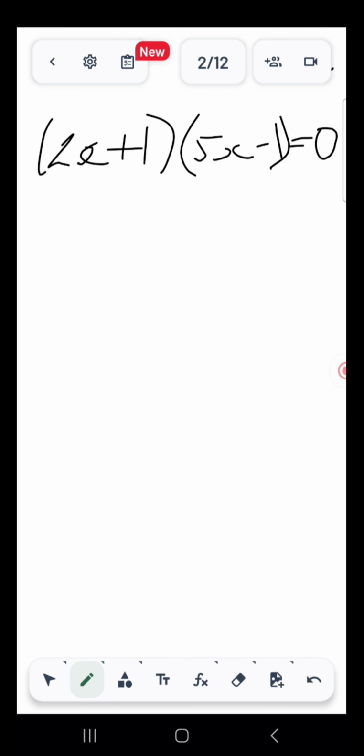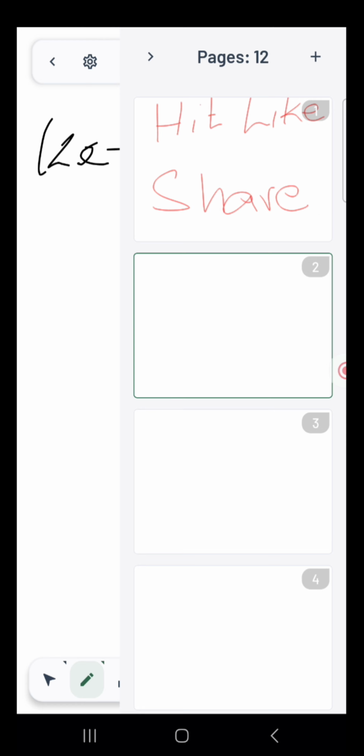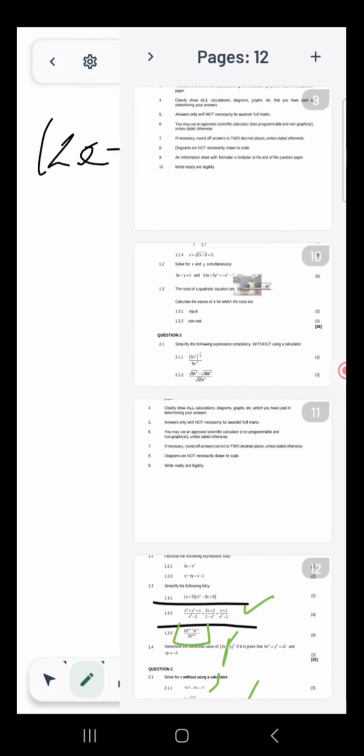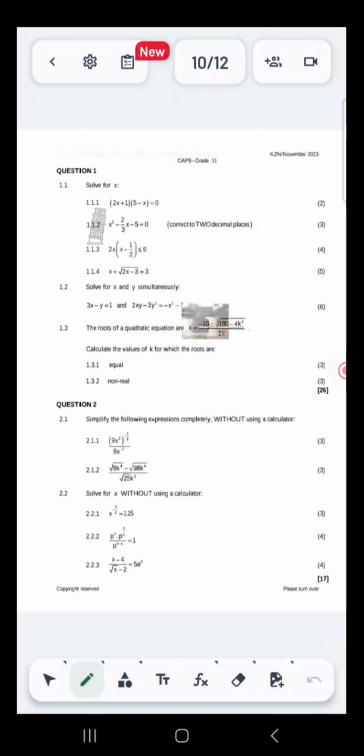When we solve for x, it must be equal to something. We call that an equation. Let me check to verify if what I'm saying is correct. It is.